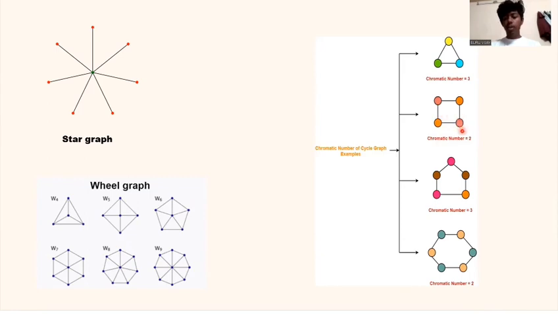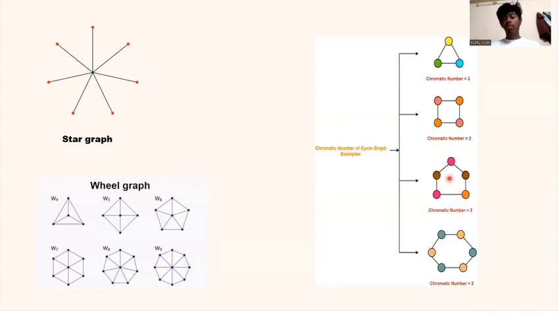If the number of vertices of the cycle graph is even, then the chromatic number is 2. If the number of vertices of the cycle graph is odd, then the chromatic number is 3. So just by seeing the number of vertices, we can say that the chromatic number is either 2 or 3.